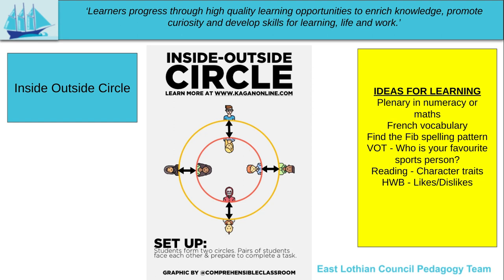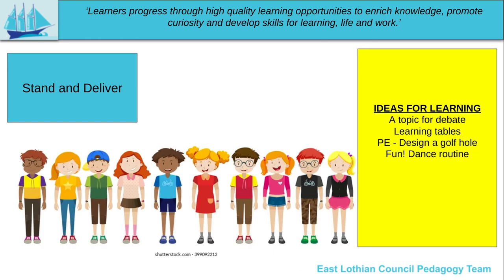And the final part of this is you get to rotate. So on your signal as the teacher, you have the outside circle move 1 step to the right and you discuss the same question with a new partner. And so on until everyone has had the opportunity to share. I'm sure you can see that there are really many ways that you could use that in your class.